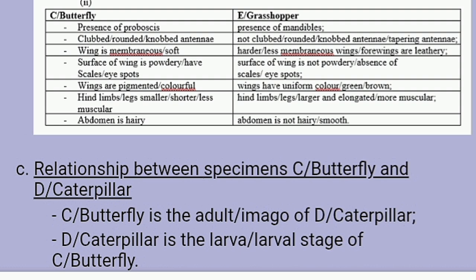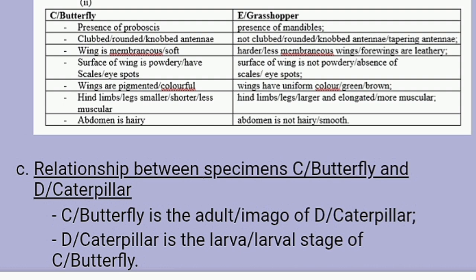In butterfly you have wings that are pigmented. You have colorful wings, butterfly. But wings in grasshopper have uniform color, that is they are green or they are brown. Okay, and then for butterfly the hind limbs or the legs are smaller, shorter and less muscular.